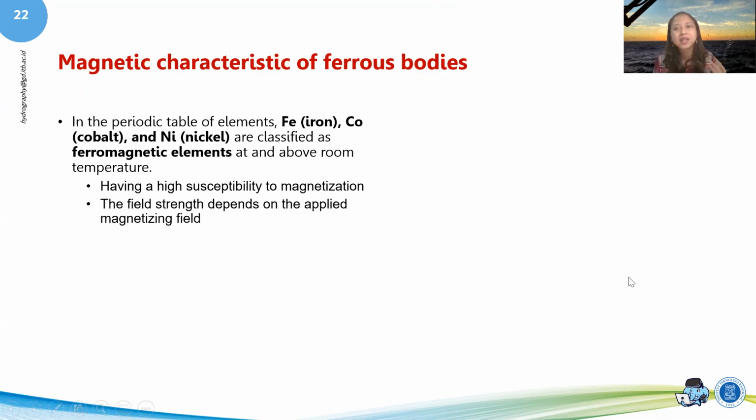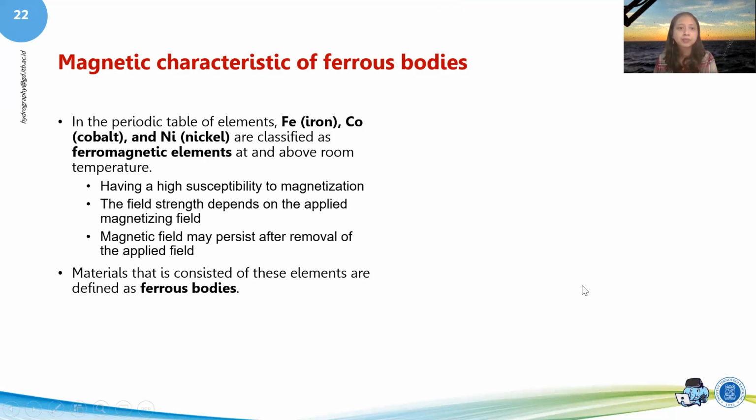And then the magnetization strength depends on the applied magnetizing field. And even if the magnetizing field is removed, the magnetization might persist in that ferrous body. So we can say that materials that consist of these elements are defined as ferrous bodies.